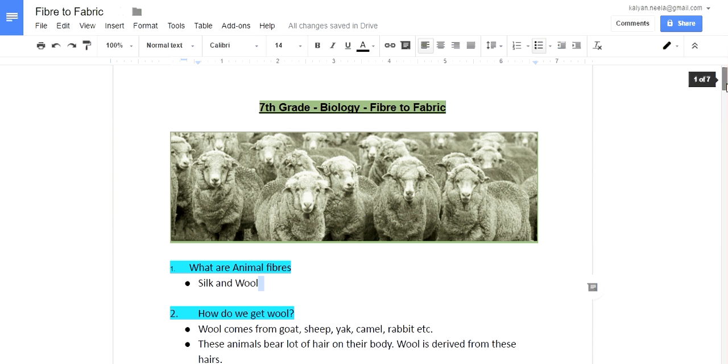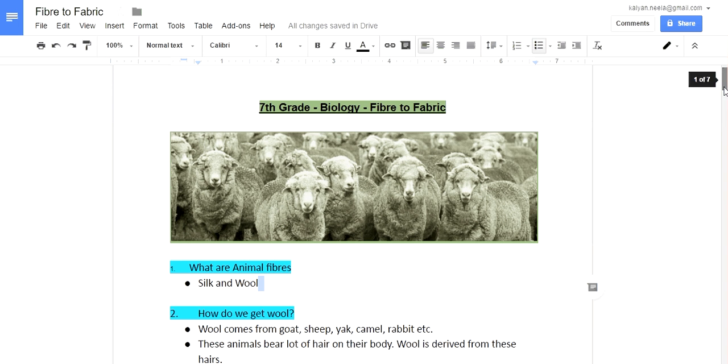Now first let us discuss where we get this wool from. Wool is obtained from the fleece or fine hair which is present on the body of sheep, goat, camel, rabbit, etc. These wool-bearing animals are typically present in cold regions like the Himalayas, where there is a lot of snow and the climate is extremely cold.